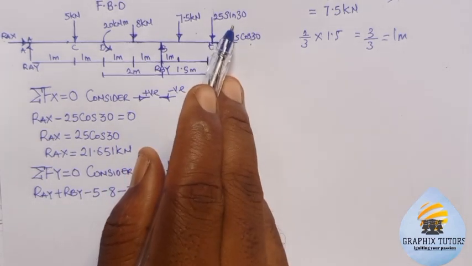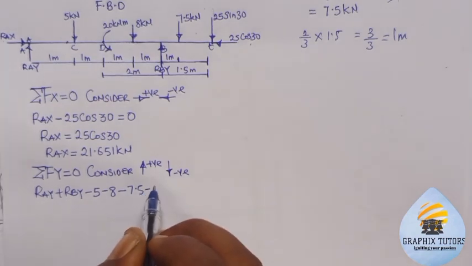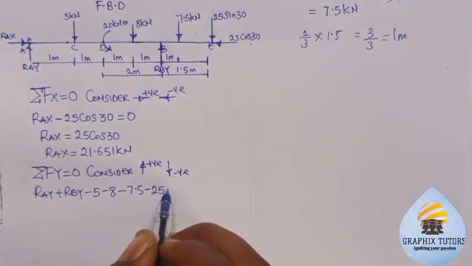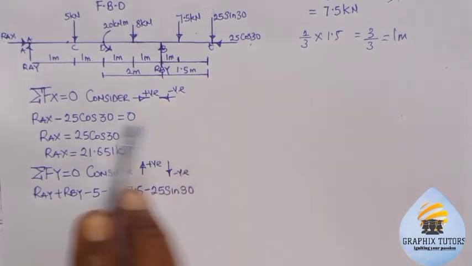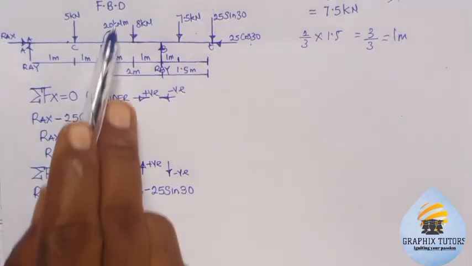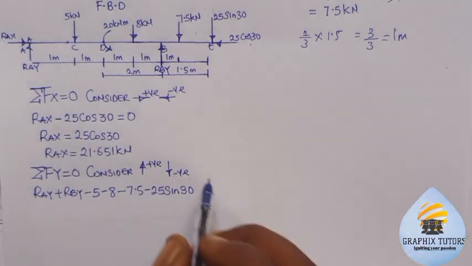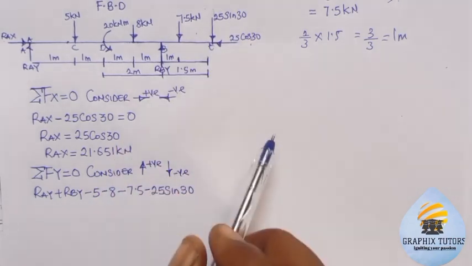Then 25 sine 30 is giving us minus 25 sine 30. Now, I'm not including this because this is a moment.